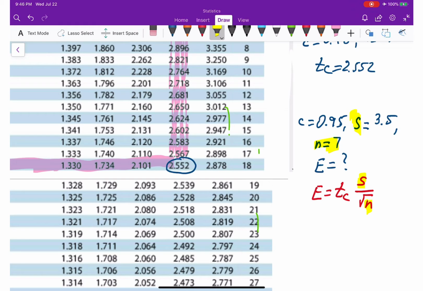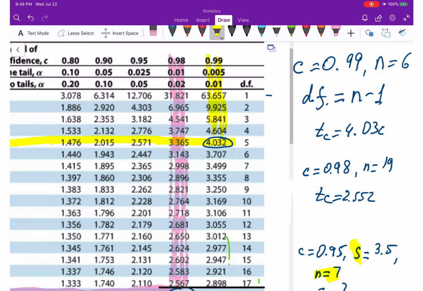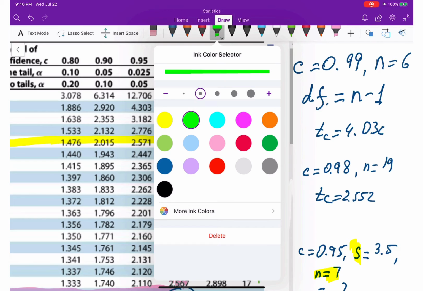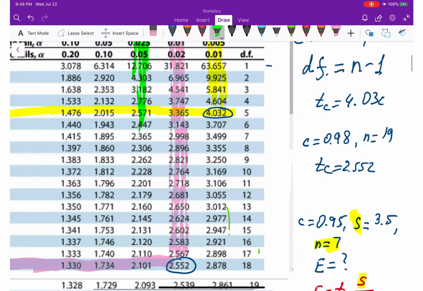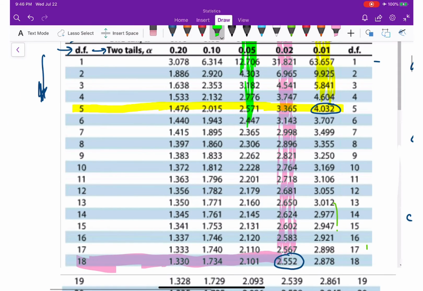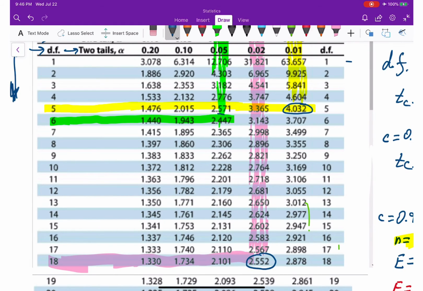So for T critical we are taking 0.95. Here it is. 0.95, and we are going down all the way to n is 7, which means 6. Here it is. So we are hitting 2.447.